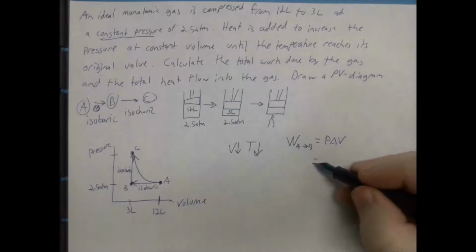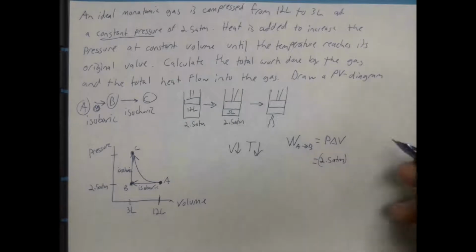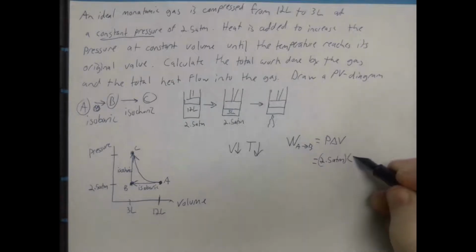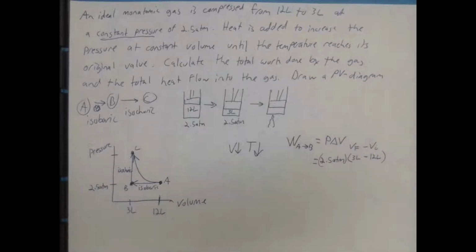The pressure is 2.5 atmospheres, and the volume difference is 3 liters final minus 12 liters initial.